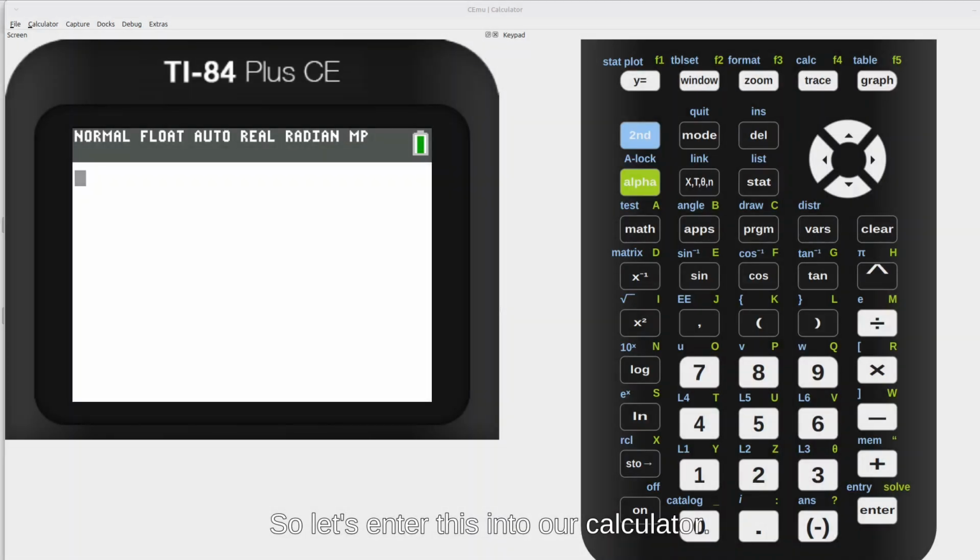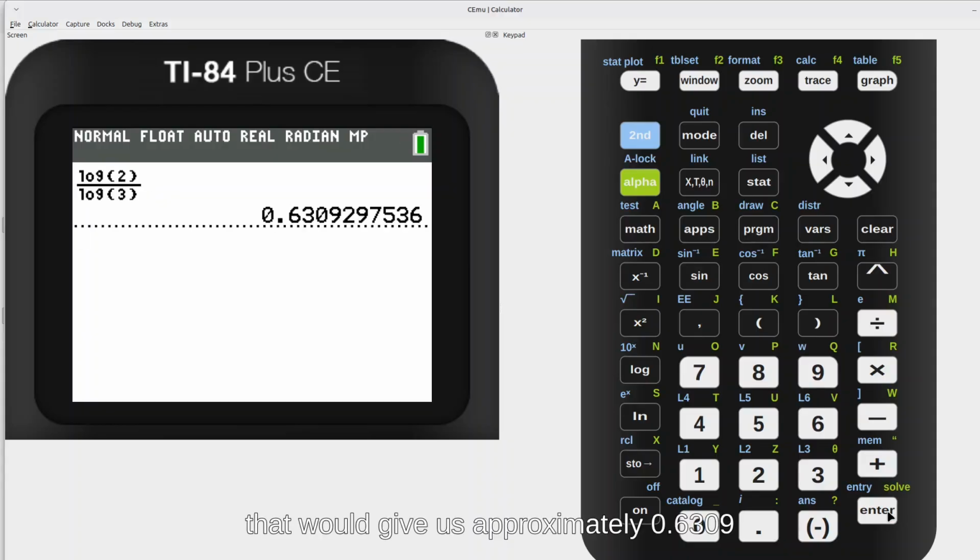So let's enter this into our calculator. Okay, we could say that log 2 over log 3 would give us approximately 0.6309 and change.